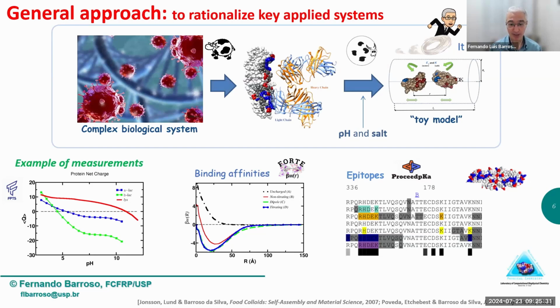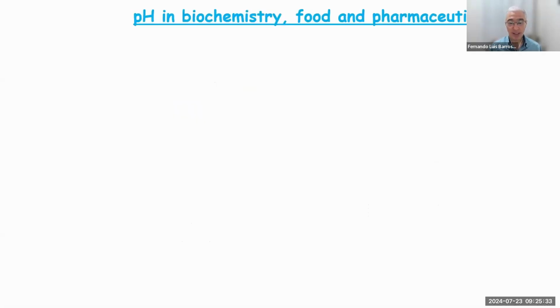So now that I have introduced what we are doing, this is the modeling part. Let me just give a flash introduction about pH. I mentioned to you that pH is very important, and you will see that it's going to be even more important for biomolecular interactions.